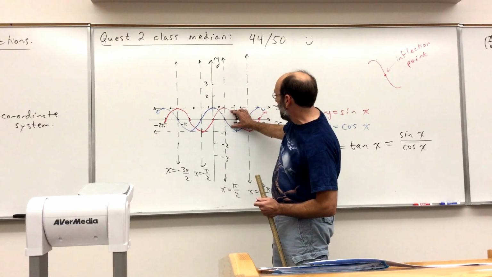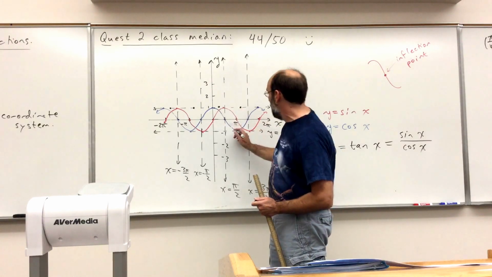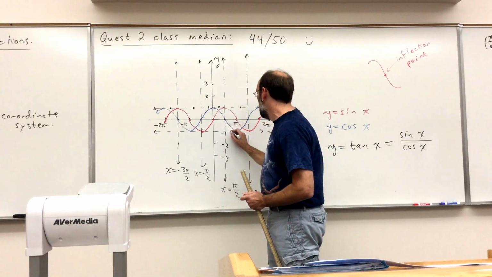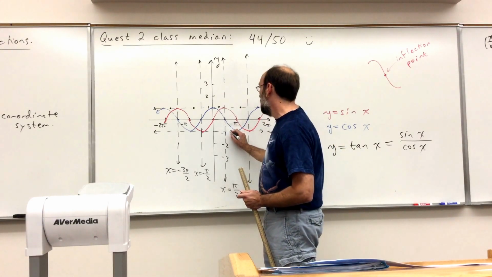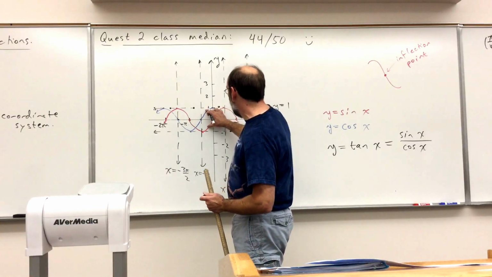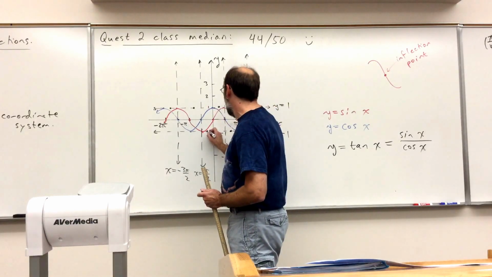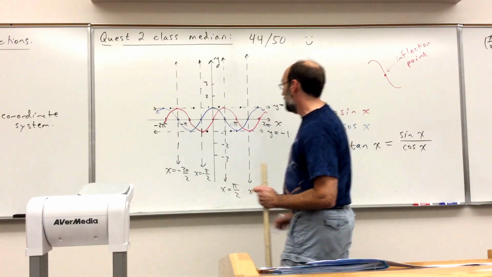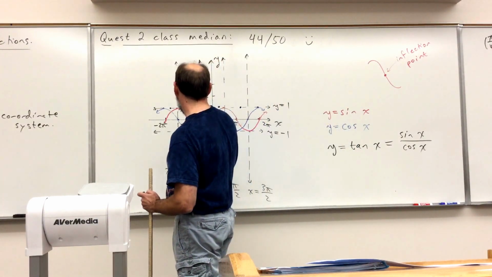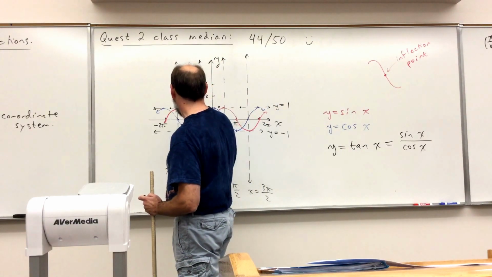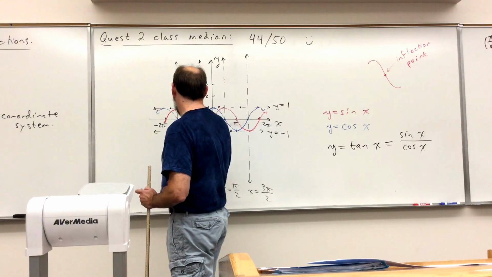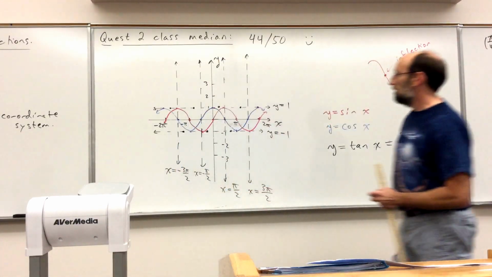So we have opposite values of sine and cosine. So I'm going to put a point at negative 1 for the tangent there, okay? And then similarly, wherever I have opposites, I'm going to put a point at y equals negative 1, okay? And then I have another pair of opposites, it looks like here. So y equals negative 1, and so on, okay?